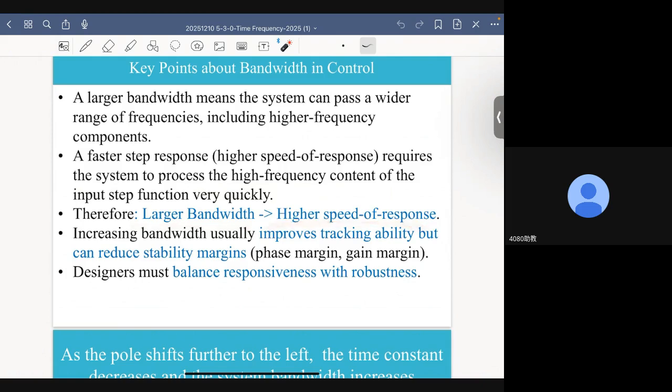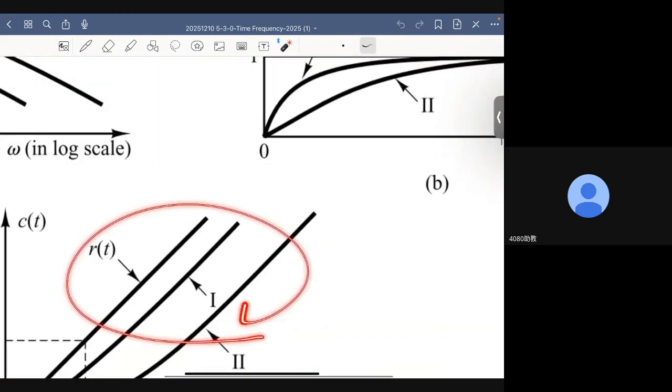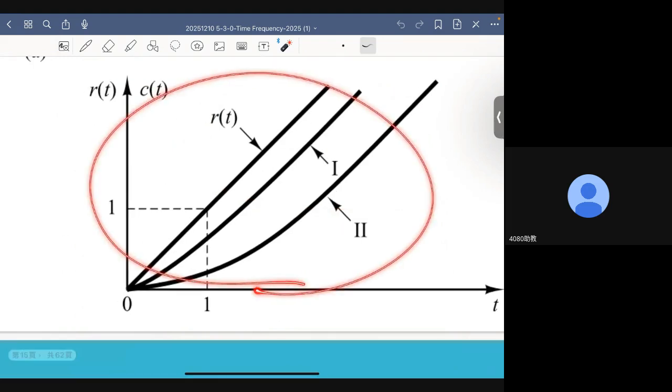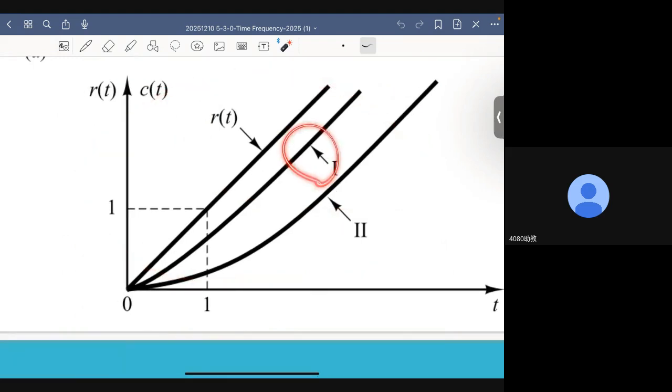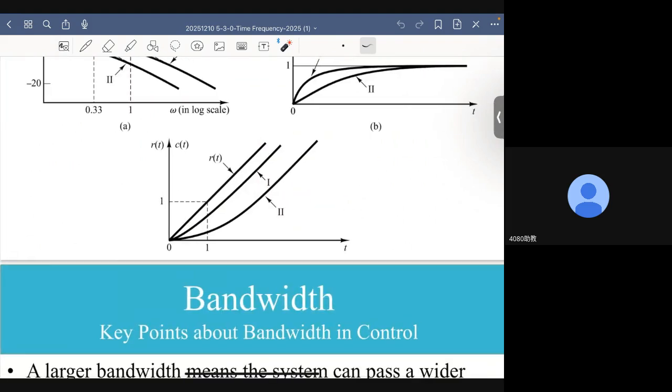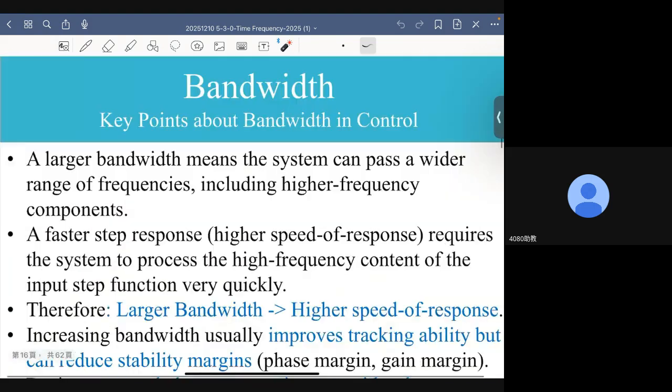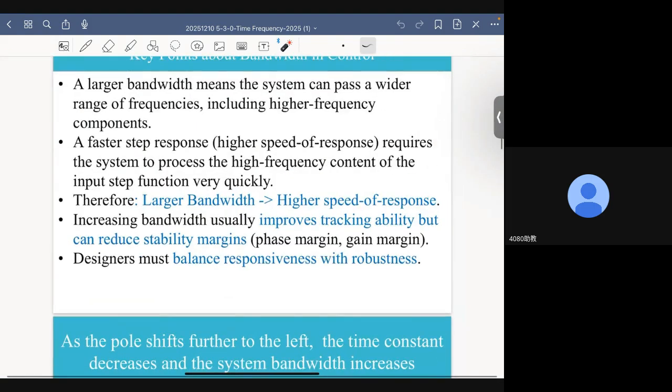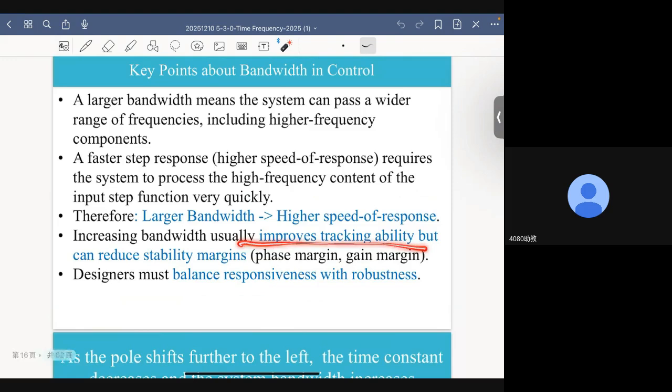Therefore, increasing bandwidth usually improves tracking ability, as demonstrated in this figure, because system 1 has larger bandwidth. Therefore, system 1 has smaller tracking error because it is faster, so it is more capable of catching up with this moving target. Now, it can improve tracking error, but can reduce stability margins.